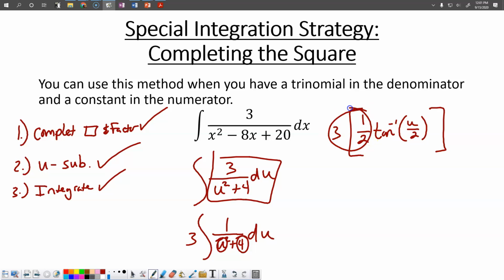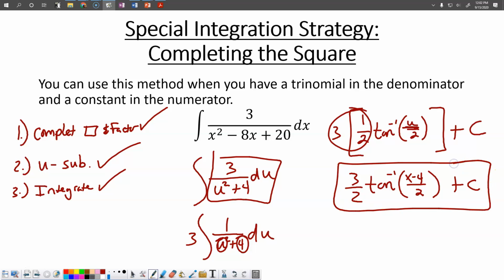Now I'm going to multiply the 3 times the half, so I'm going to get 3 halves there. And then I'm going to replace the u with what u equaled. Now, if you guys don't remember, u was x minus 4. And we don't want to forget our plus c. I actually should have had that up there too. So there's my final answer.